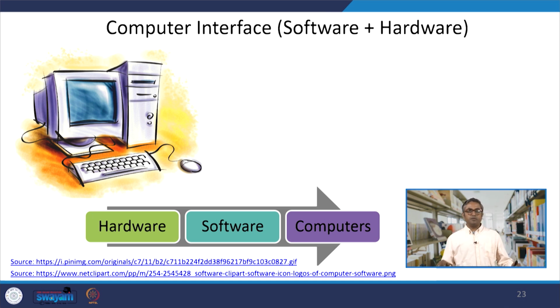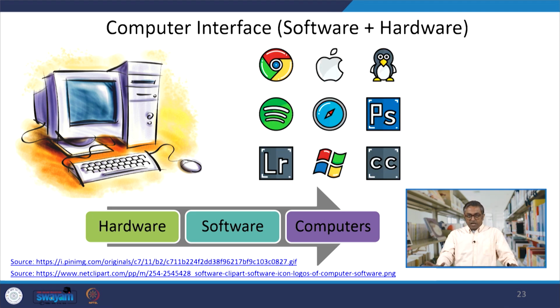So when we are talking about the computer interface, hardware and software collectively together result in a computer system. Now when we talk about the hardware, it could be the desktop, CPU, keyboard, mouse. If they are non-functional, then you may not interact with the system.